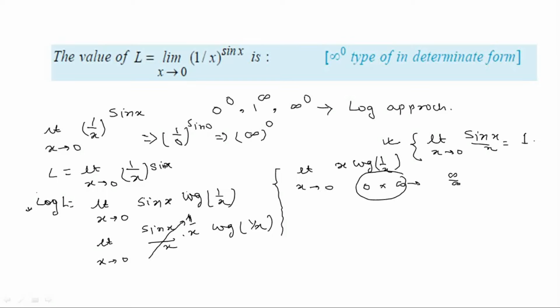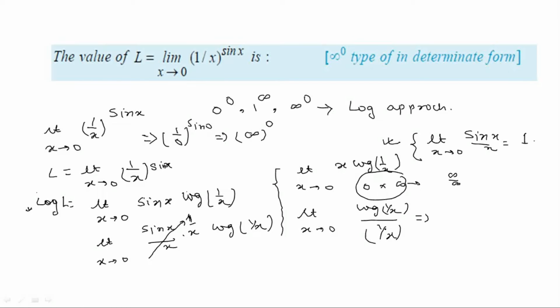Just rearrange this function: the limit as x tends to 0 of log 1 by x upon 1 by x. Here the numerator becomes infinity and the denominator becomes infinity, another indeterminate form, infinity upon infinity.